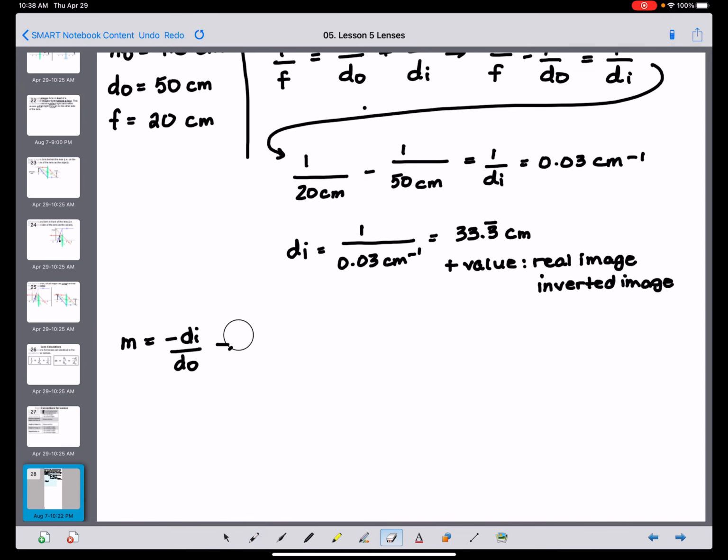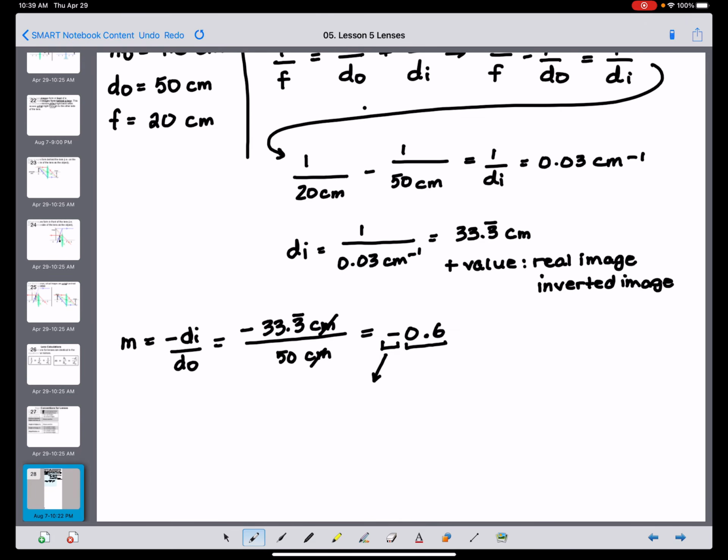So negative 33.3 repeating over 50. Centimeters cancel out, leaving us with something that's unitless. This gives negative 0.6. When we're looking at the magnification, remember we look at the two parts separately. We look at the sign, and then we look at the number, and we think about what each one of those things tells us.